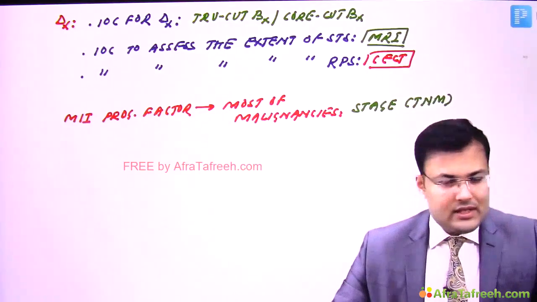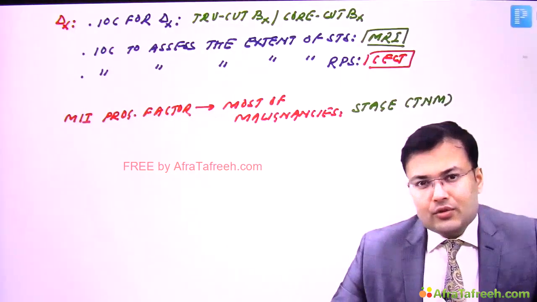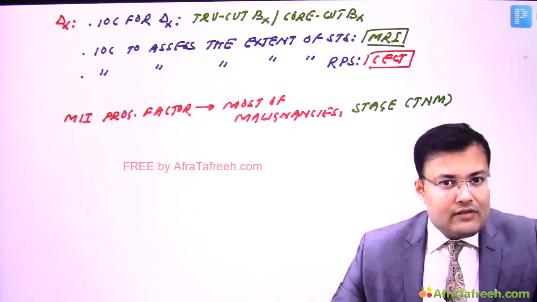What are the exceptions we discussed? First exception is Wilms tumor. In Wilms tumor, the most important prognostic factor is histology, followed by stage. And the second is soft tissue sarcoma.